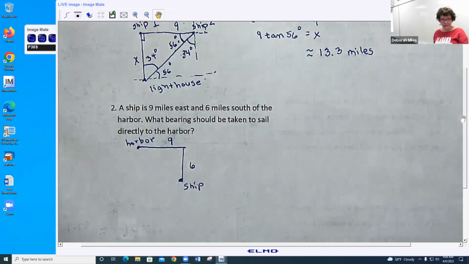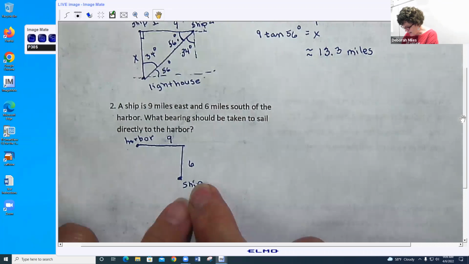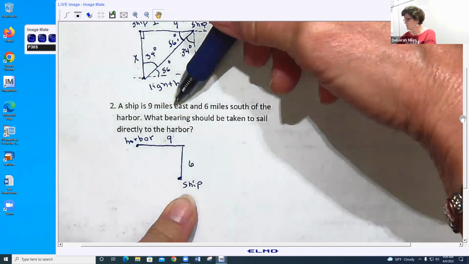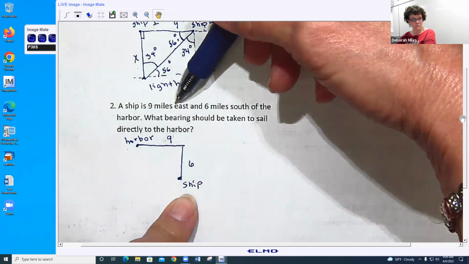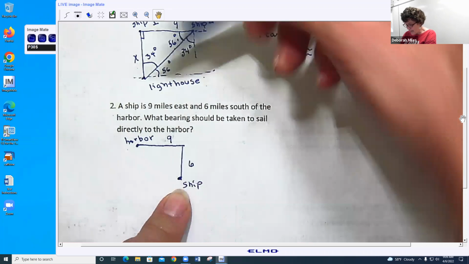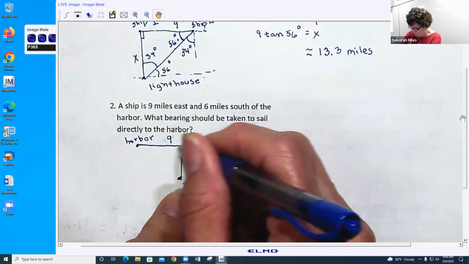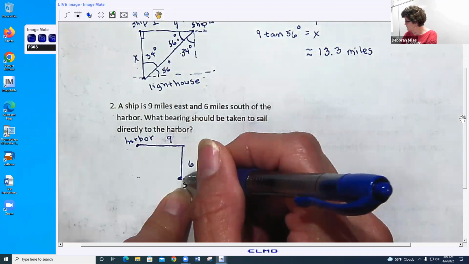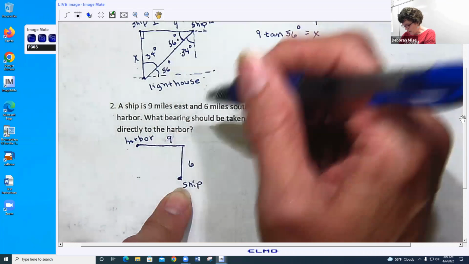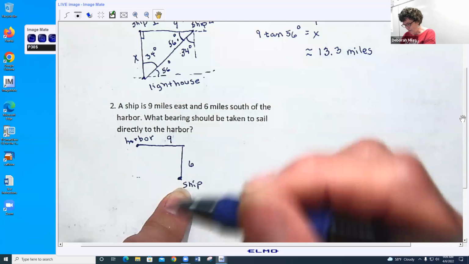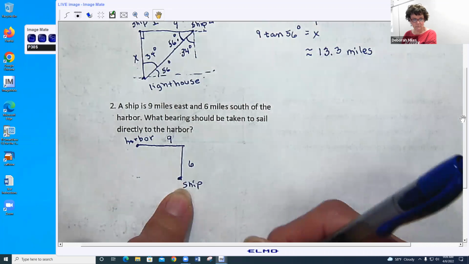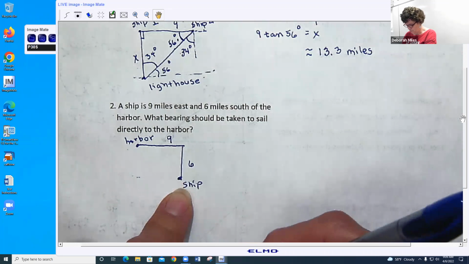Now I'm gonna read that again and make sure I have everything labeled correctly. Is my ship 9 miles east of the harbor? Yep. And I could have either drawn that 9 miles here, or I could have drawn it here. It wouldn't matter. Is my ship 6 miles south of the harbor? Yeah, it is. So far, so good.